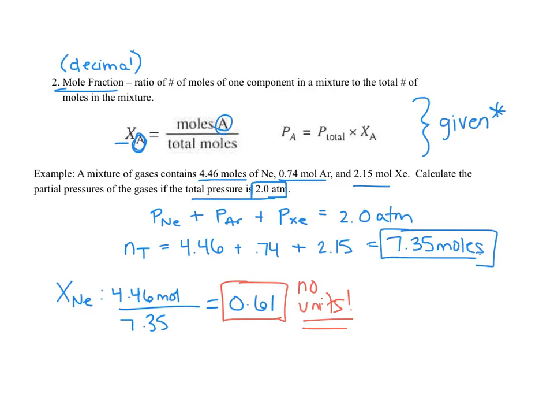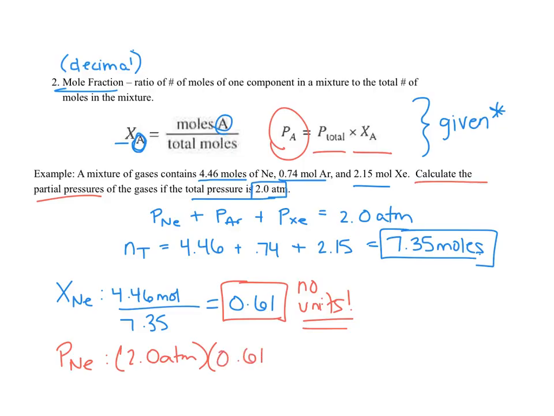Okay, the next question was calculate... Oh, it actually didn't even ask us to calculate the mole fraction. It just asked us to calculate partial pressure. Well, I couldn't calculate partial pressure until I knew the mole fraction. So if I want to calculate the pressure of neon in that sample, I'm going to take my total pressure, which was 2 atmospheres, and I'm going to multiply it by the mole fraction, because basically whatever fraction I have of moles, that's what fraction of the pressure that particular gas is going to provide.